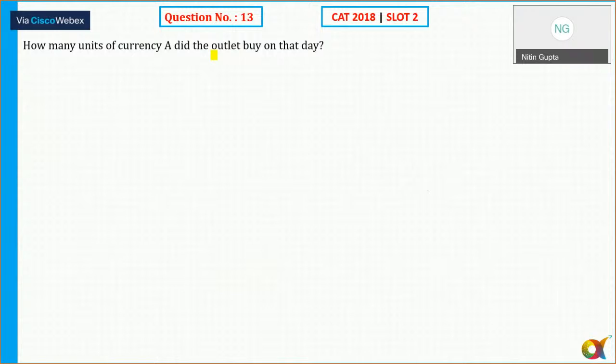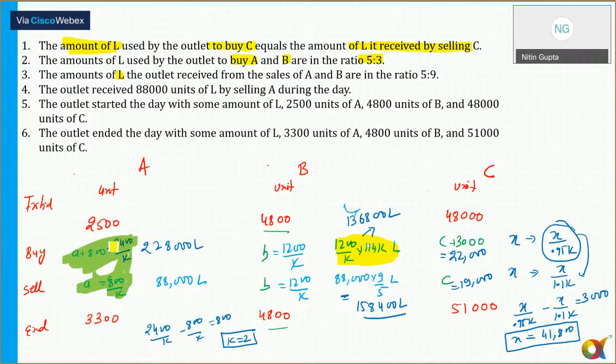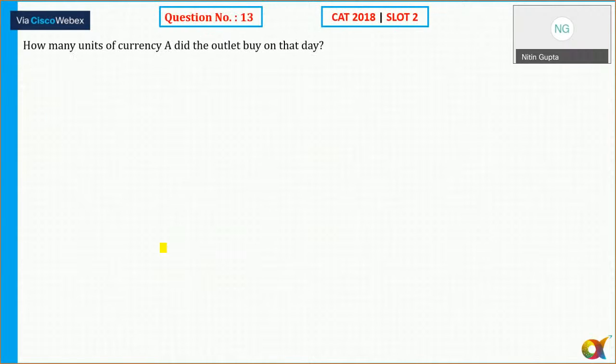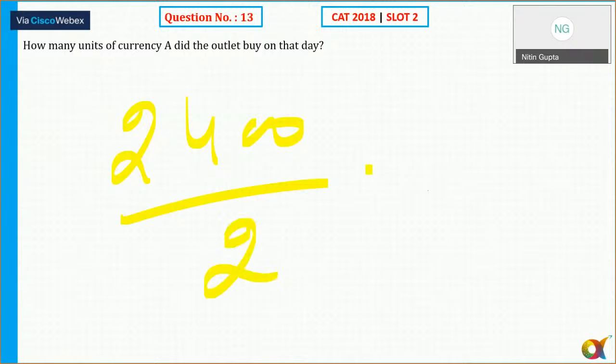So K is equal to 2. So currency A is equal to 2400 by K. You can see it here. 2400 by 2 is equal to 1200. So the answer here is 1200.